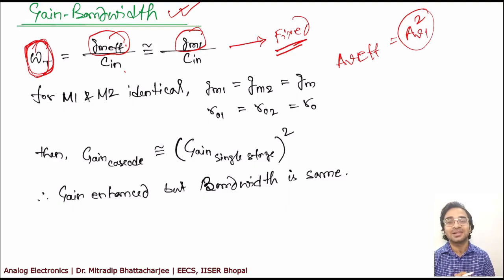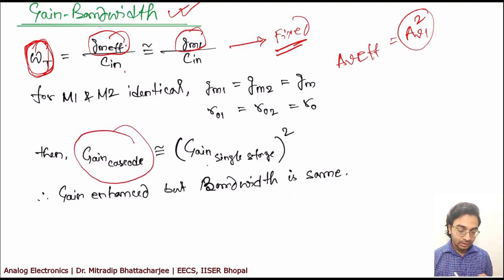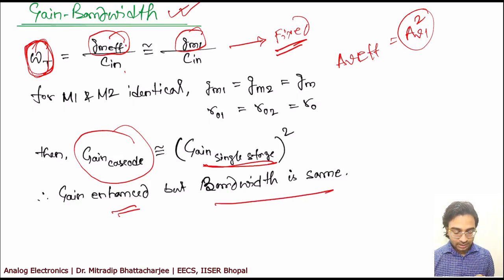So this is what cascode circuit is all about. Generalizing the whole thing, your gain of cascode will be square of gain of the single stage, right? So gain enhanced but bandwidth is same. This is what we wanted and we achieved. So that's why we use the cascode circuit.